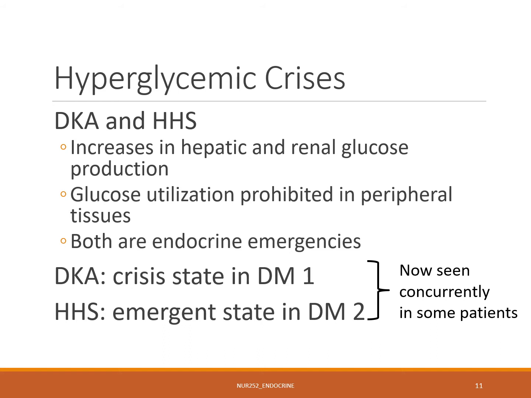Both DKA and HHS are endocrine emergencies. DKA historically is related to those with type 1 diabetes, where HHS has always been associated with type 2 diabetes. More and more frequently though, both crises may be observed in the same patient.